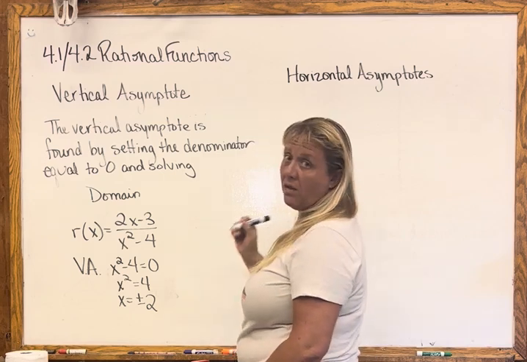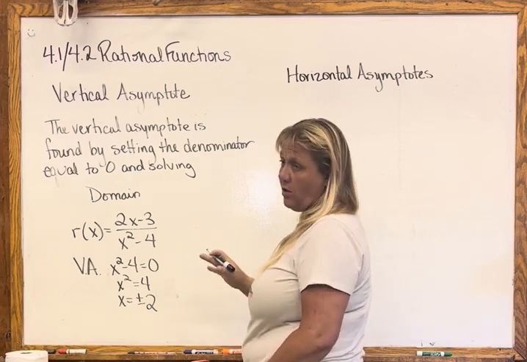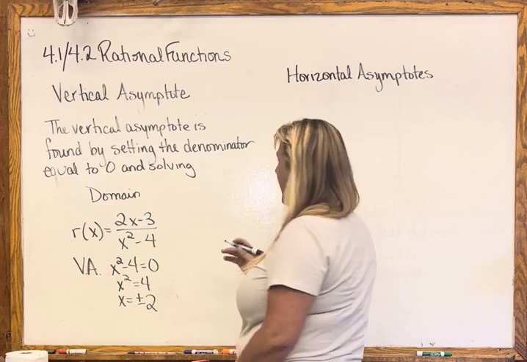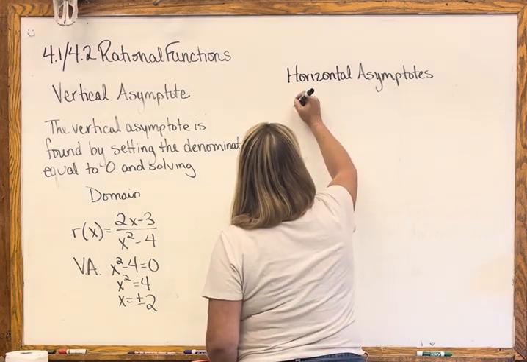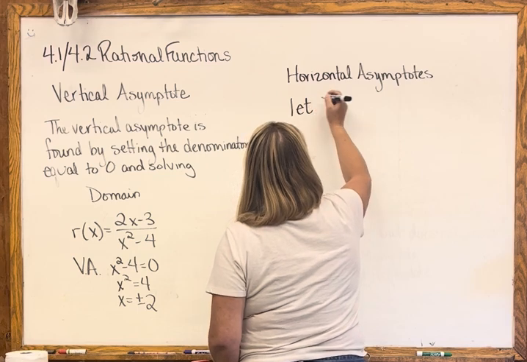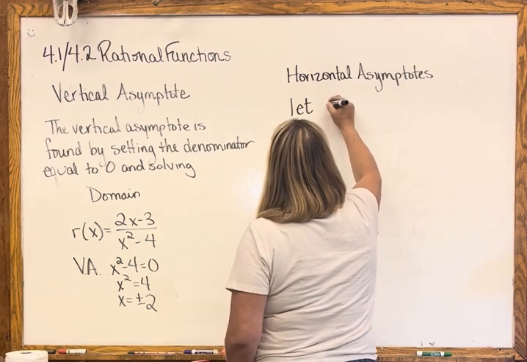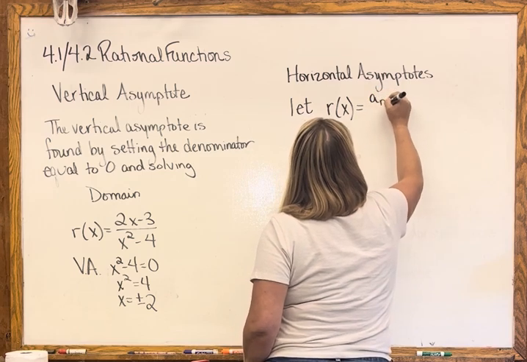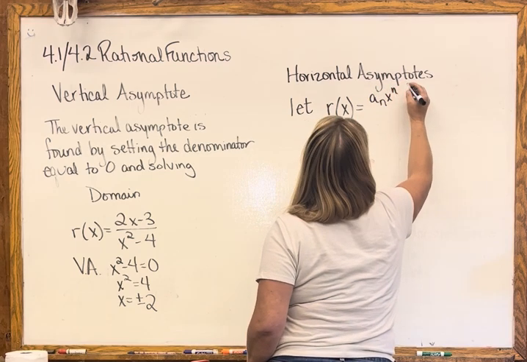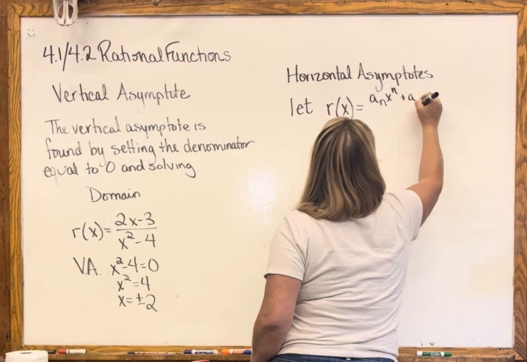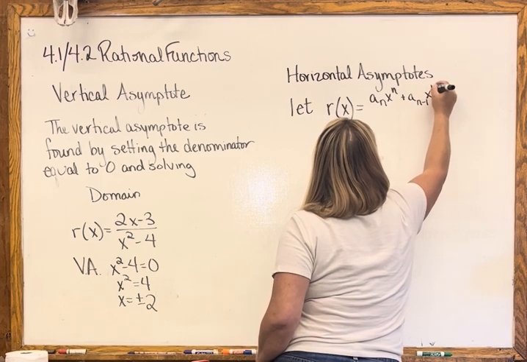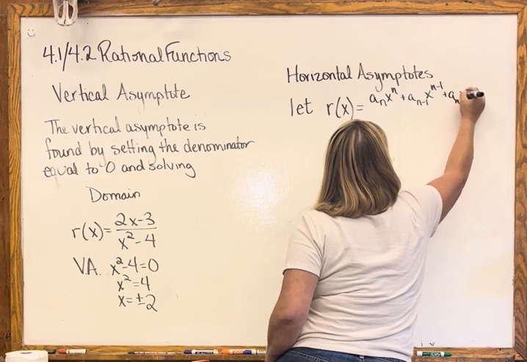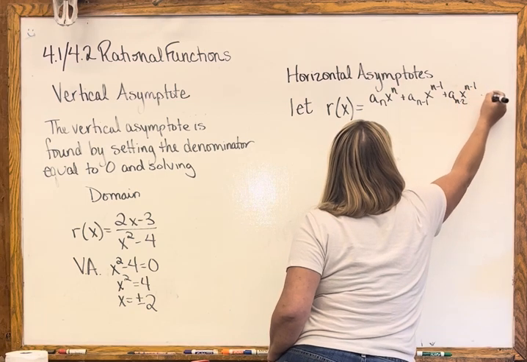Okay. This is going to start and it looks a little bit ugly. Once you get the habit and hang of it, it's really not that bad. So first, we're going to let r of x equal a sub n x to the n plus a sub n minus 1 x to the n minus 1 plus a sub n minus 2 x to the n minus 2, dot dot dot.